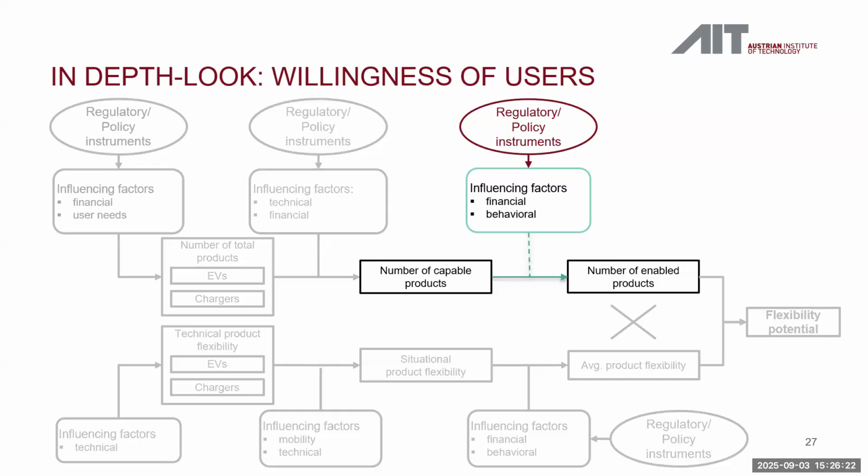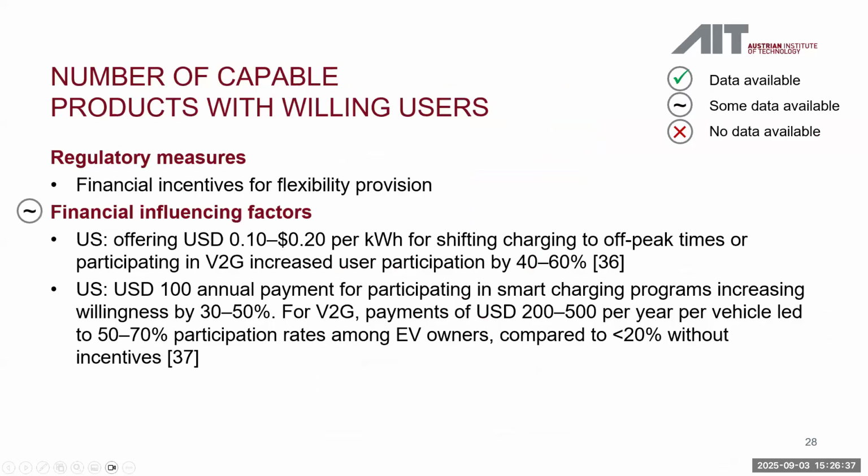Then in this step, we are looking at the number of enabled products. So they are capable, but what makes them enabled is the user. Next slide, please. Here we see that it mainly comes down to the financial benefits whether people are generally willing to provide flexibility with their EVs or not.